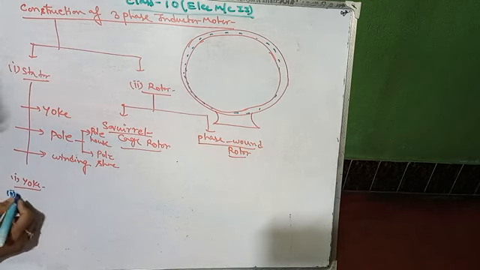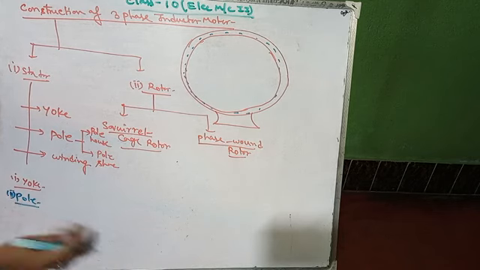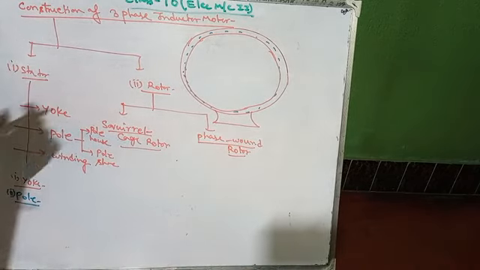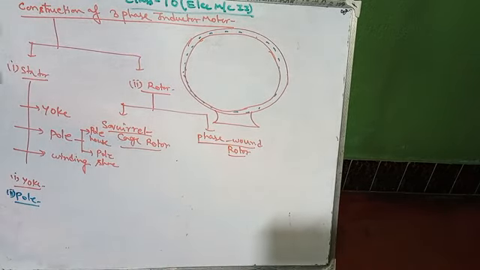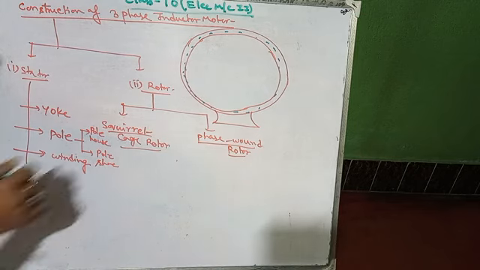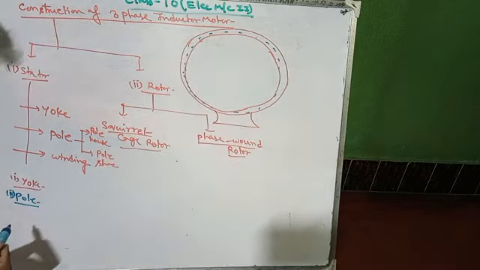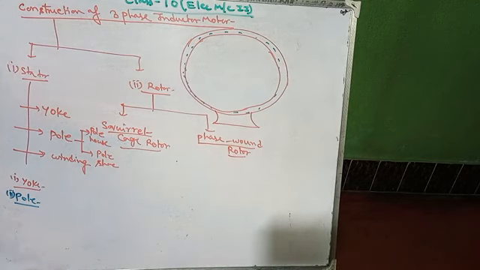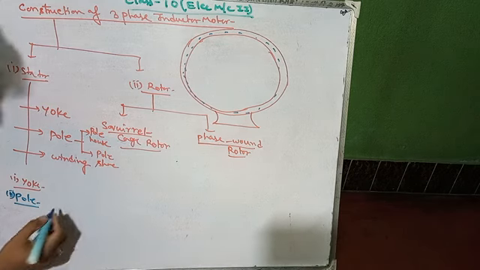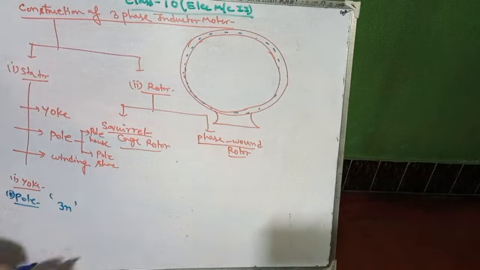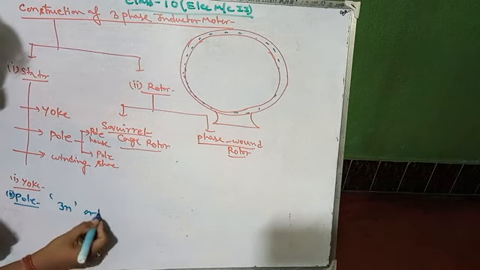Second one is pole. Over the yoke, poles are installed. As it is a three-phase induction motor, the number of poles is always in 3n order.